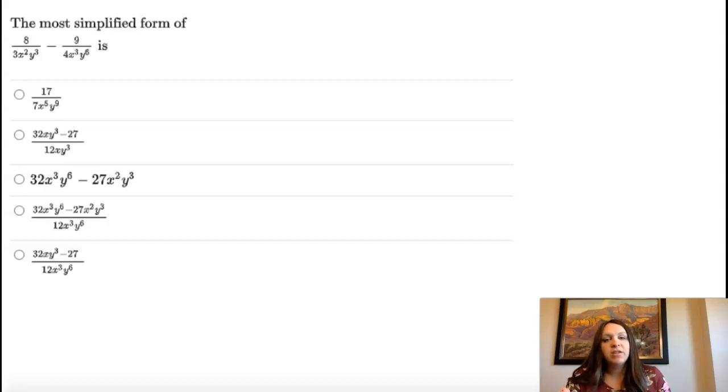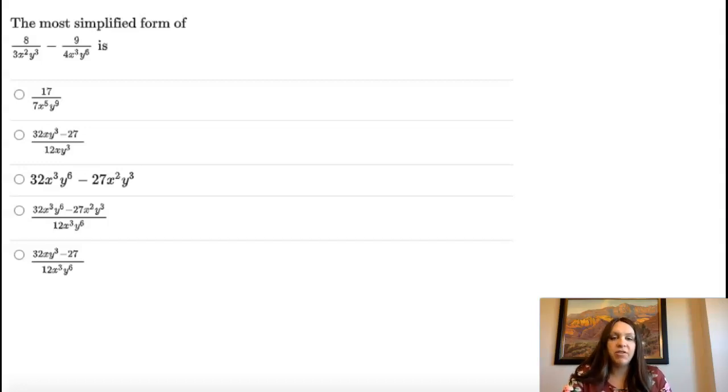So in order to make this 3 a 12, I have to multiply it by 4. And I'm going to do the same thing on the numerator. And over here, in order to make the 4 a 12, I have to multiply it by 3. And same thing to the numerator.